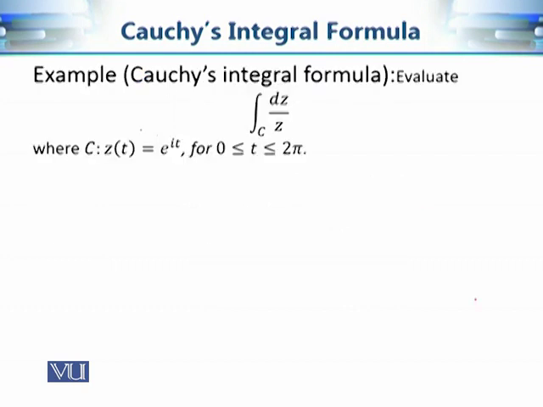Now let's consider this contour integral, dz over z. We have seen this contour integral in our previous discussions. What was the major issue in evaluating this contour integral? In this case, this contour is a circle oriented in the positive way, and we basically used the fundamental theorem of integration to evaluate this. What was the major trouble there? The major trouble was that the antiderivative of 1 over z is log z, and we know that log z is not differentiable along its branch cut.